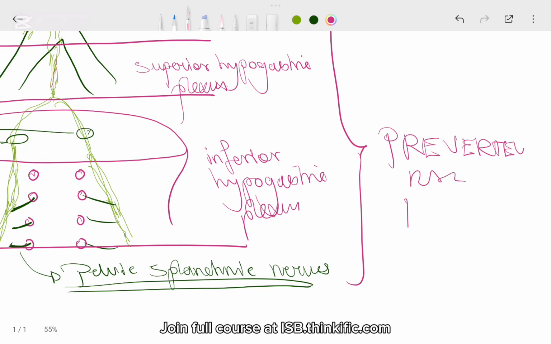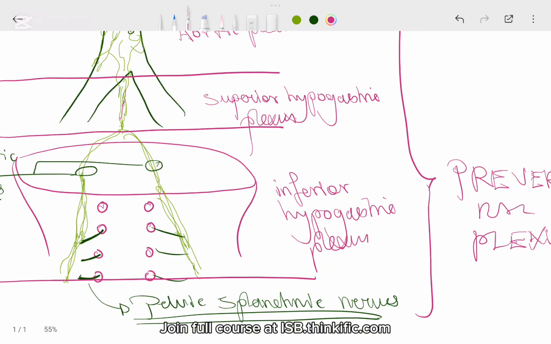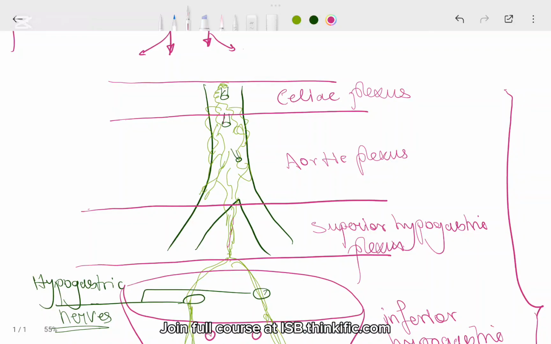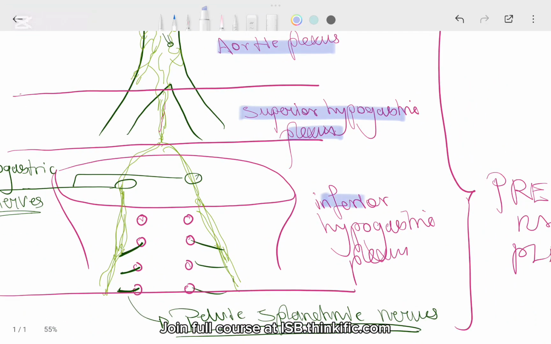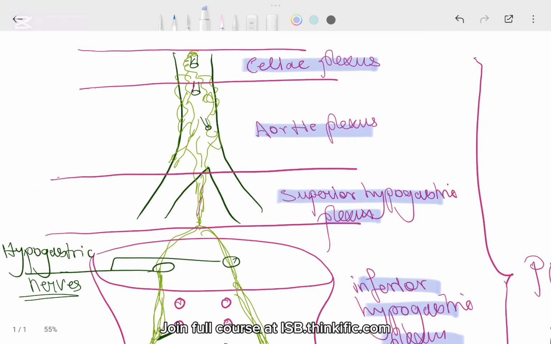This prevertebral plexus is simply a group of autonomic nerve fibers, afferent and efferent, extending from just below the aortic hiatus of the diaphragm down to the pelvis. It is divided into subsidiary plexuses, including celiac, aortic, superior hypogastric, and inferior hypogastric.